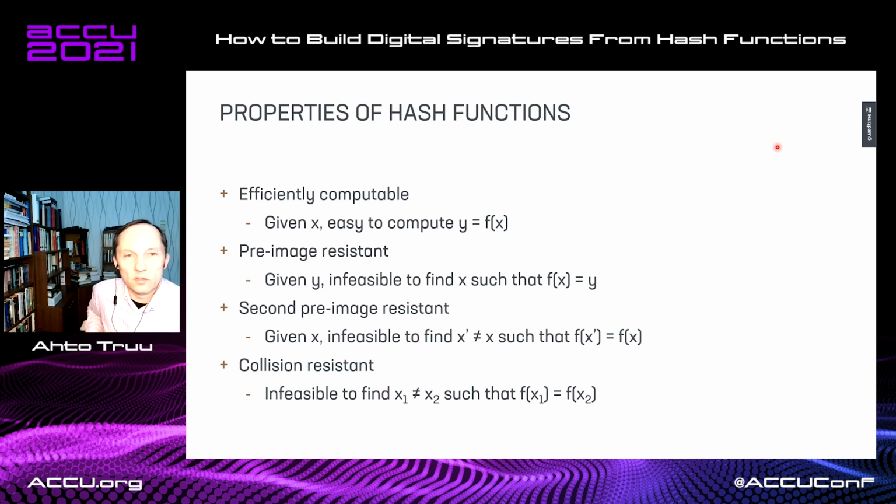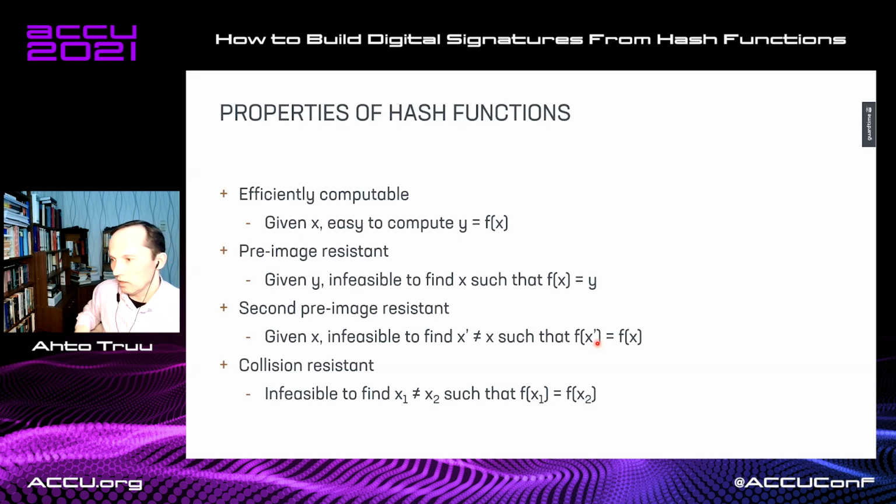Another property that people want from hash functions is second preimage resistance, which means that if you have one input, then of course you can apply the hash function to it and compute the corresponding hash value. The second preimage resistance property says that it should be infeasible to find a different input that maps to the same output using the hash function. So this is basically the property of hash functions that enables the use of hash values as representations of data, as commitments of data.